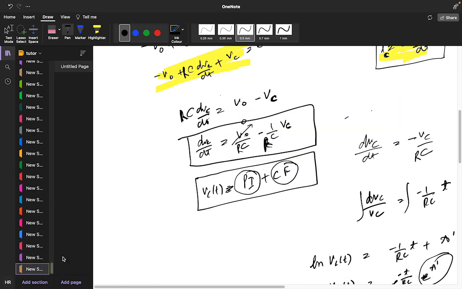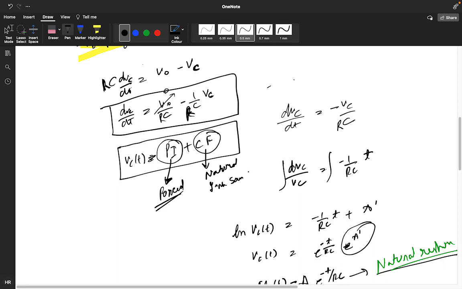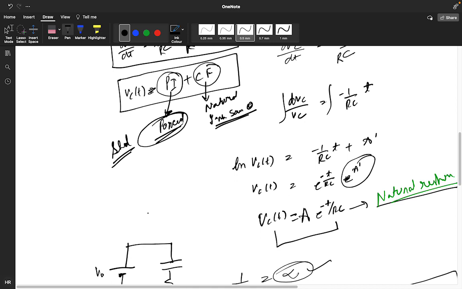The same thing I applied here. For the particular integral, am I doing forced or natural? Forced. And for the complementary function? Natural. In the natural response, the input sources will be 0, but in the forced response, we have to consider the steady state value at infinite time.